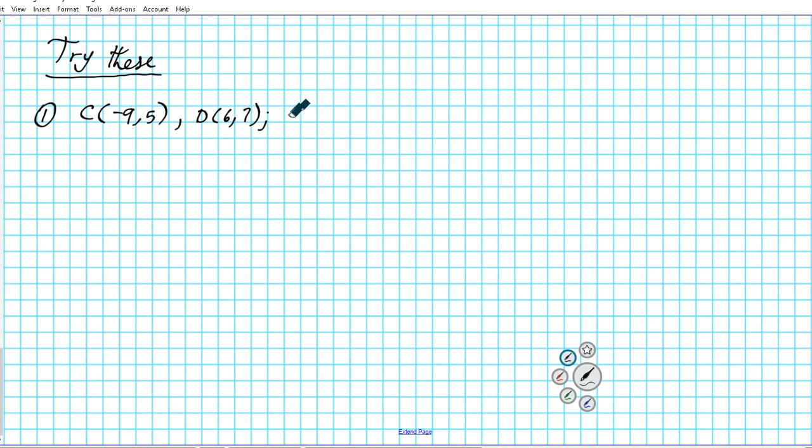Find CD, the different forms, and the graph. And then number 2, what if we have vector RS with the initial point R given by -10, -2, and then the terminal point S given by -5, 6, and the vector that we are looking at here is vector RS.